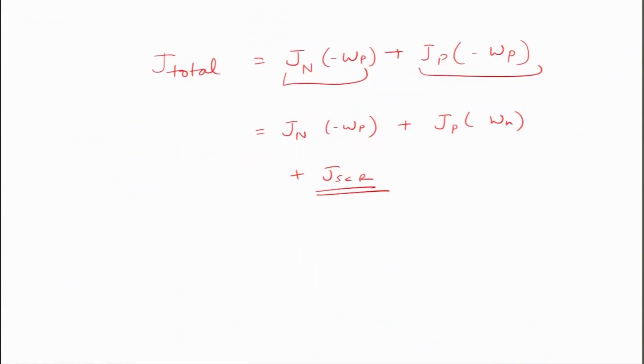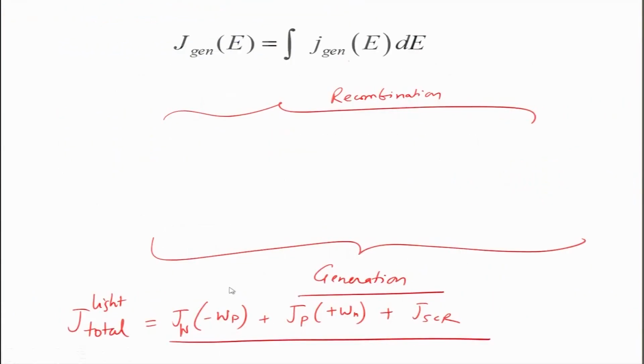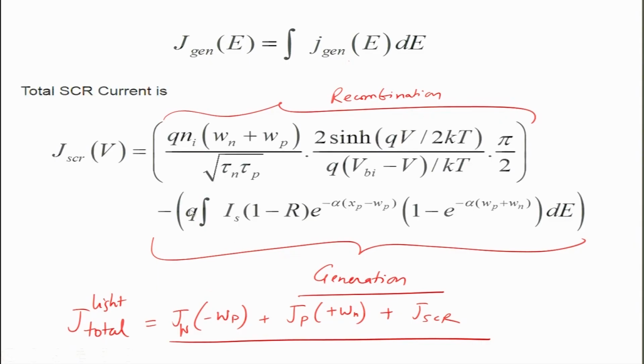So, this is what the total current was, and then we did this analysis for the SCR current. Since there is generation, we have a generation current, and we have a recombination current, and the mathematical sum of these two will give us the SCR current. The SCR current is the current because of recombination minus the current because of generation.